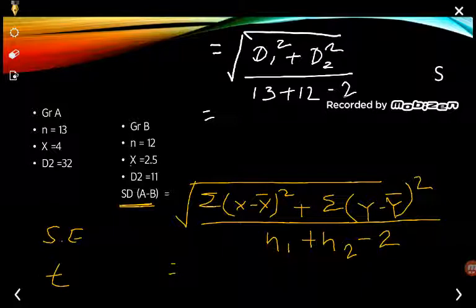We know the formula is t equals the absolute value of x1 bar, the mean of the first variable, minus x2 bar, the mean of the second variable, divided by the standard error. So this is the formula.